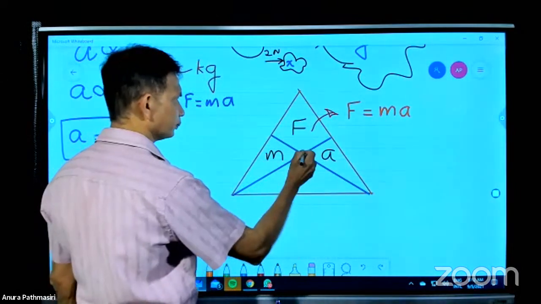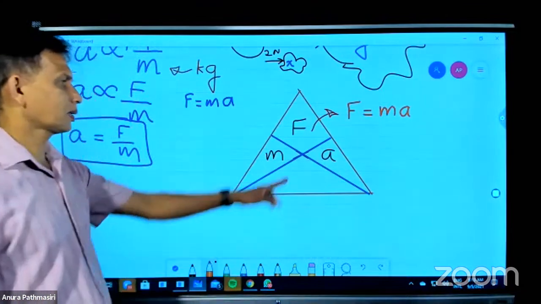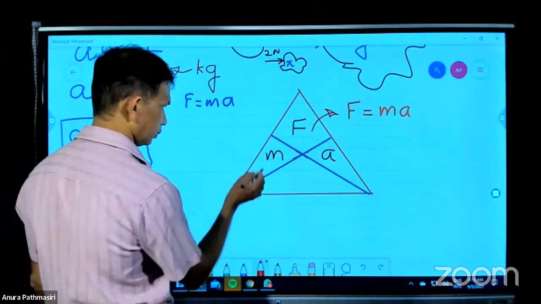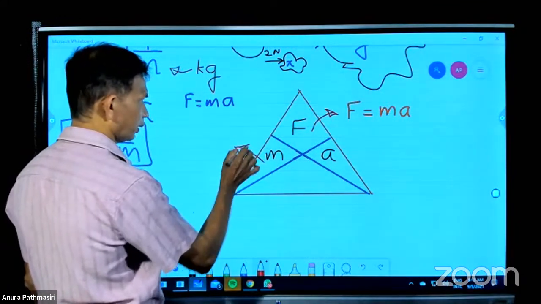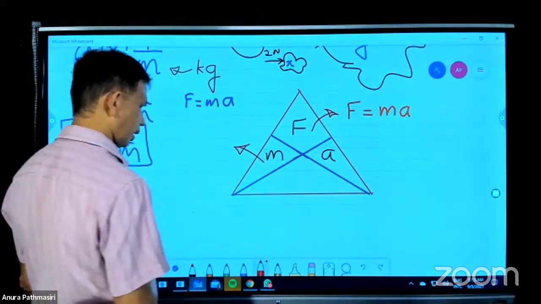F equal M multiplied by A. This is multiplication.